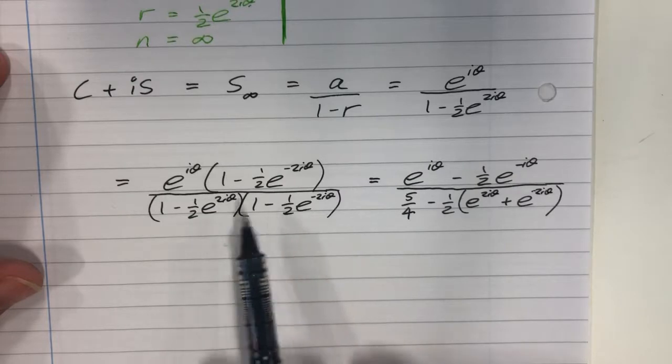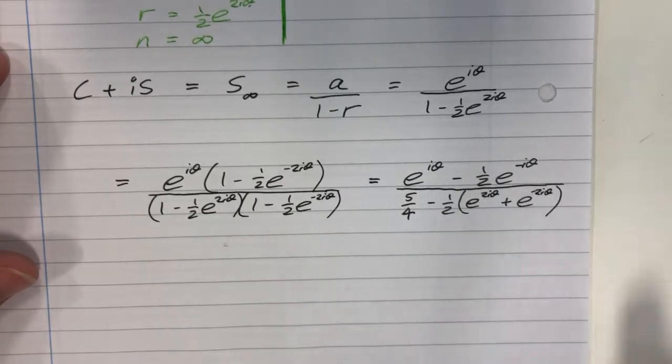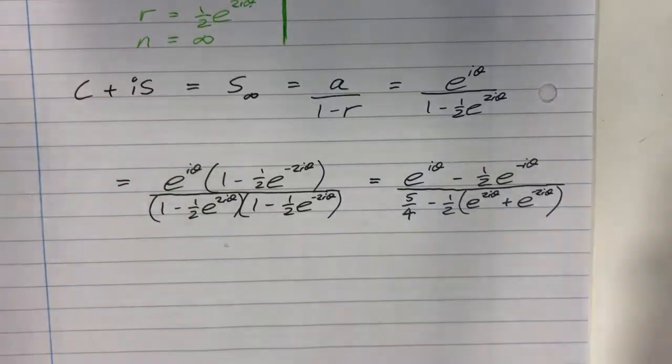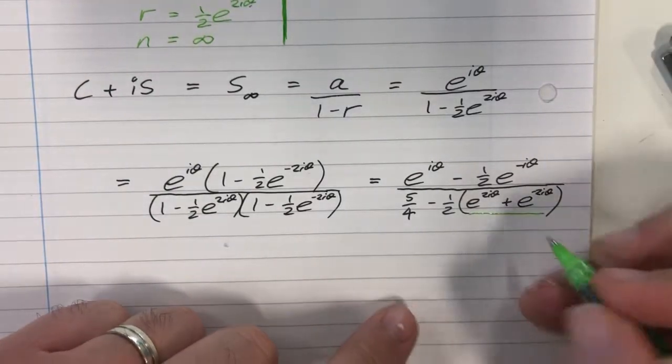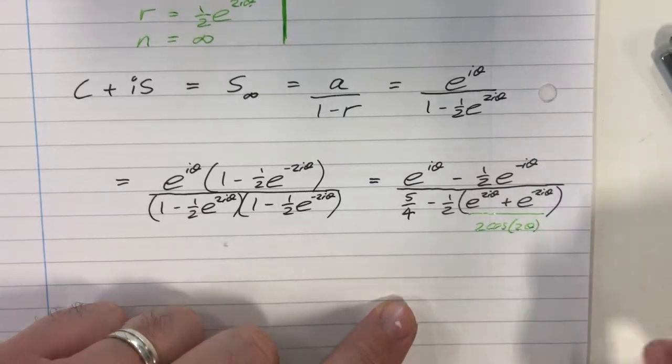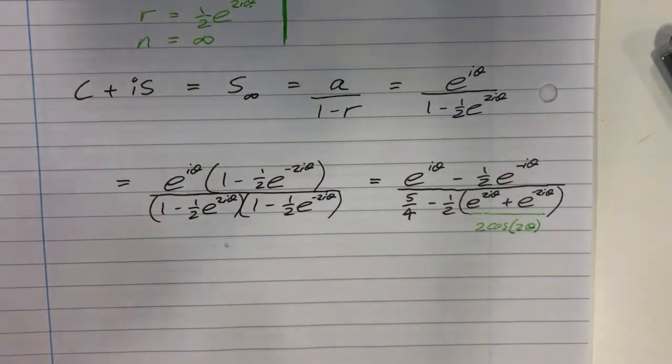Let's multiply out the brackets on the bottom and the top. Let's multiply it by 4 top and bottom just to get rid of these fractions. And then I'm also going to note that this is actually just 2 cos of 2 theta. And how did I get to that?